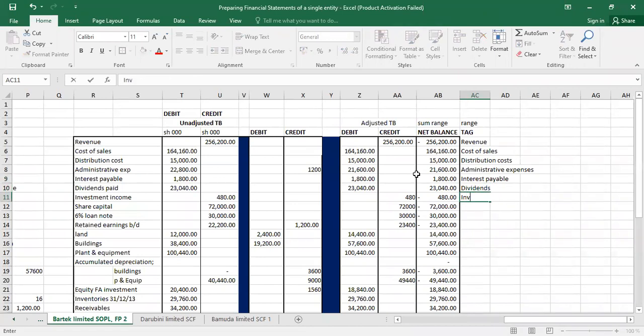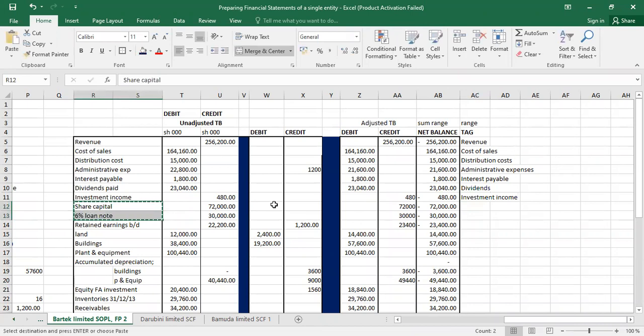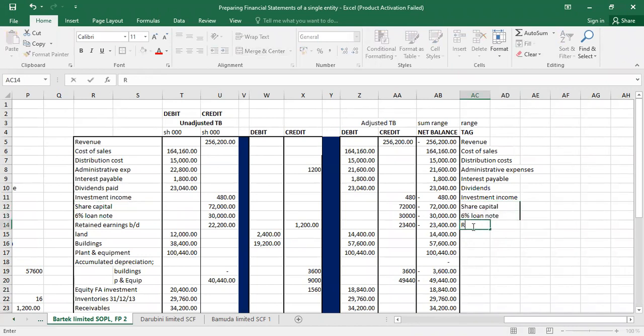This one will be just investment income. You see, because most of them, there are not very many, so most of them actually look the same here. So I just take the Control C, Control V, then retained earnings.